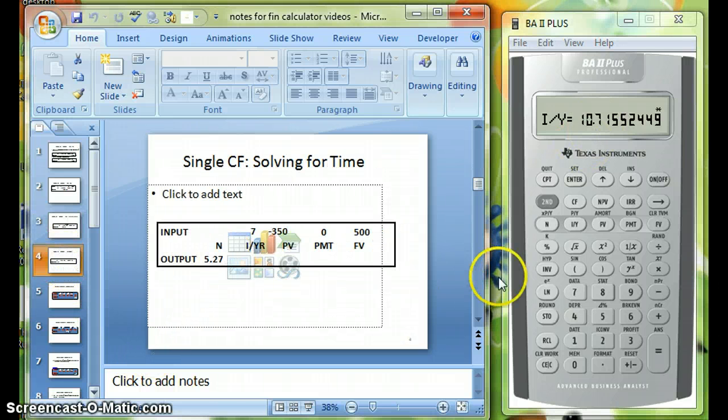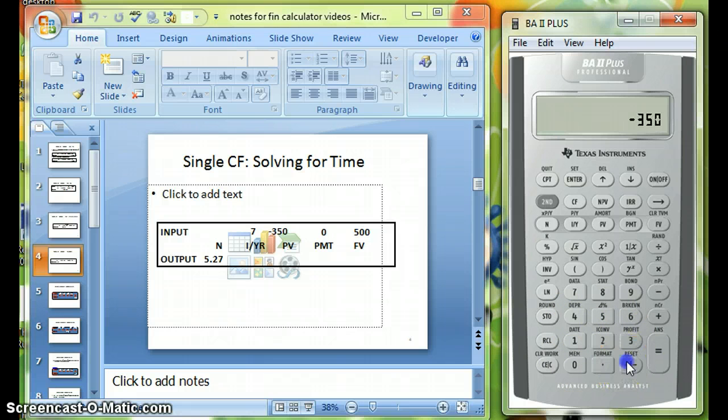And if we want to solve for the number of years, very similar. Remember, between the present value and future value, one has to be negative. You can actually try, let's say, positive present value, and then don't forget future value will then be negative.